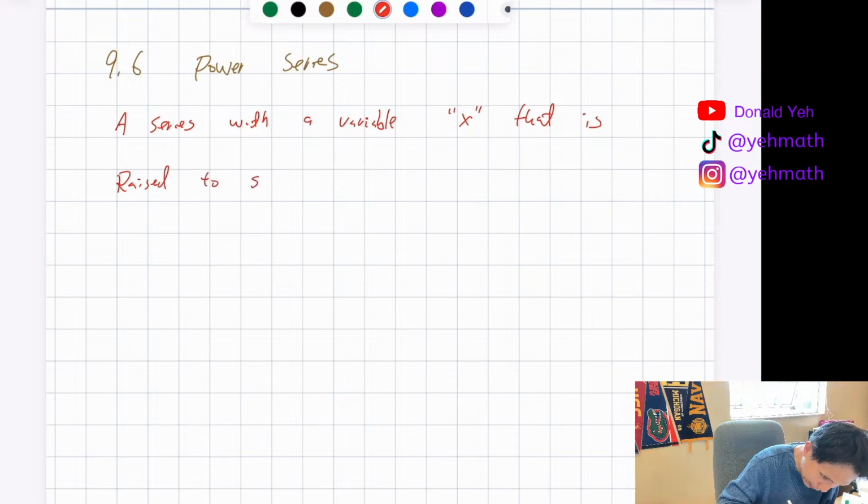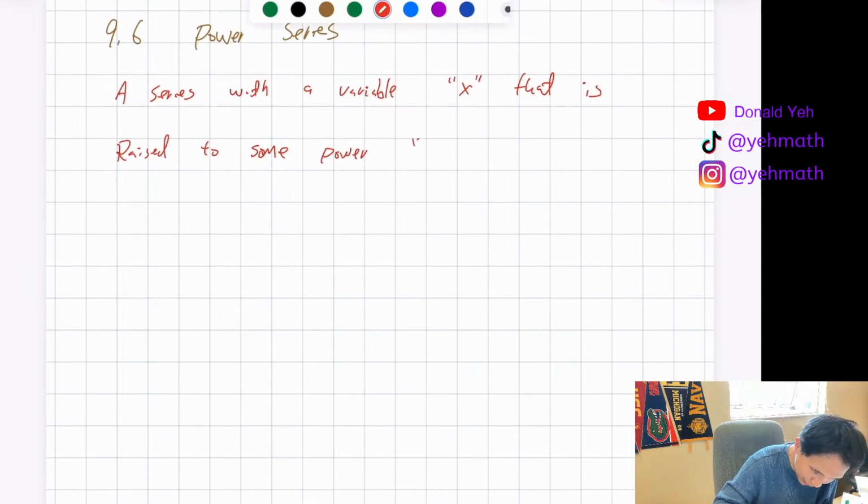So this is a very important starting point. I think this is going to be a major shift in how you learn stuff now. So this is a power of n, and I'm going to give you a representation of power series.